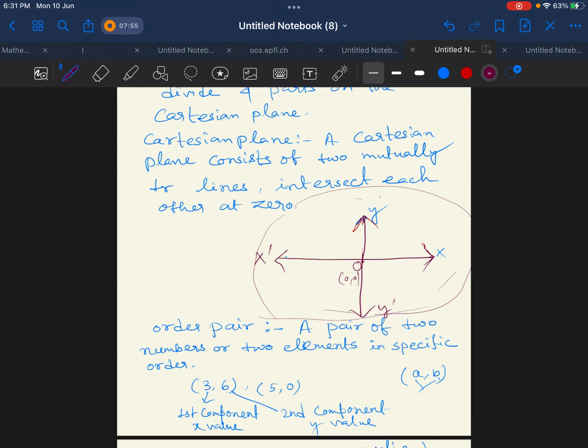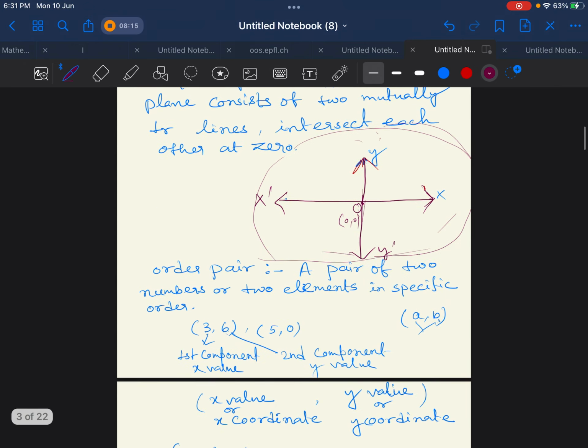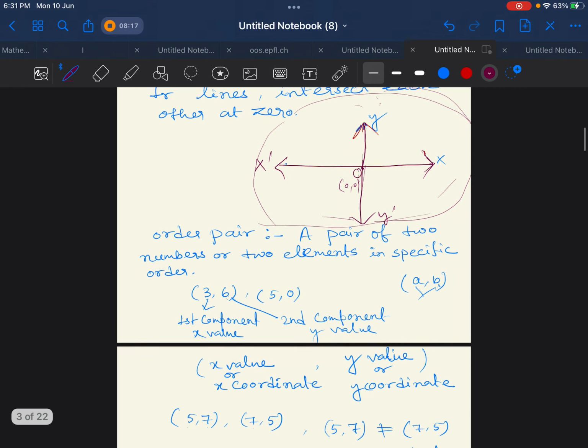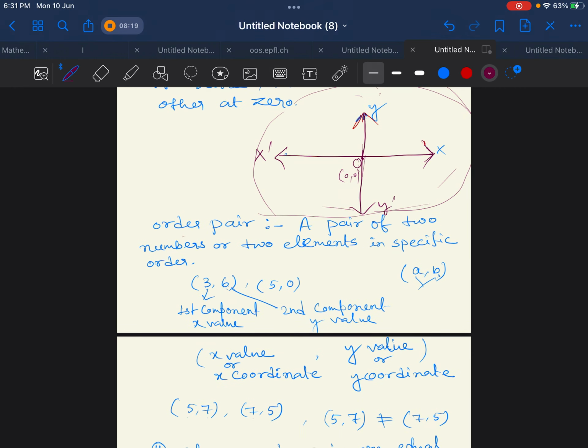Here we get the origin O. So what is a Cartesian plane? A Cartesian plane consists of two mutually perpendicular lines intersecting each other at O. This is called the Cartesian plane.